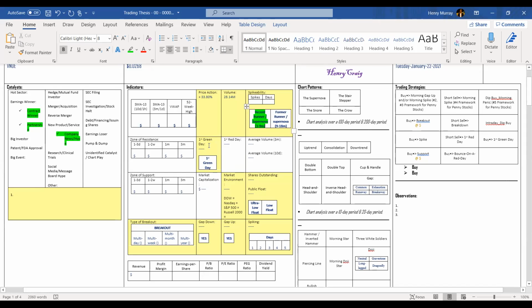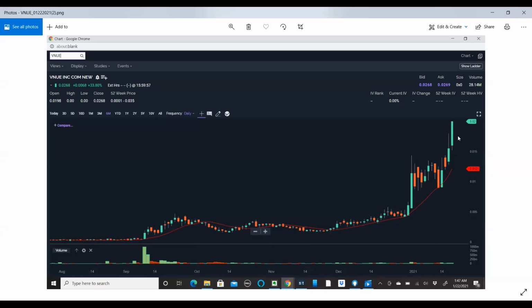Is it first green day? Let's take a look. Okay, no, it's not. This stock has been running for 4 days, spiking for 4 days, uptrending.